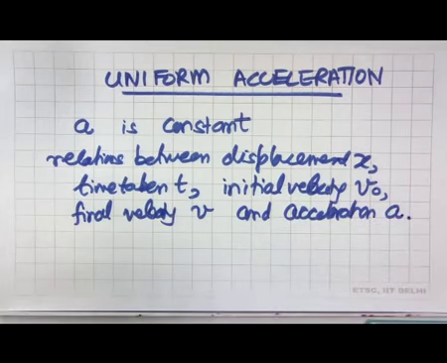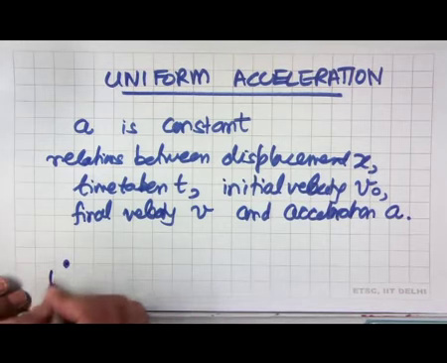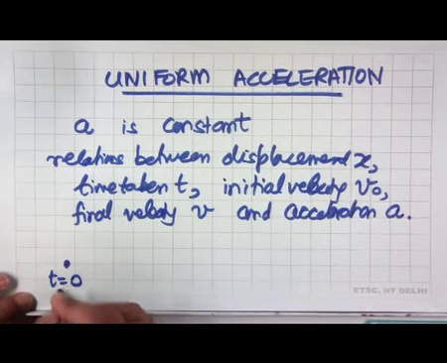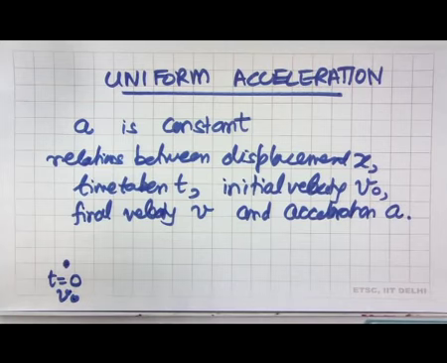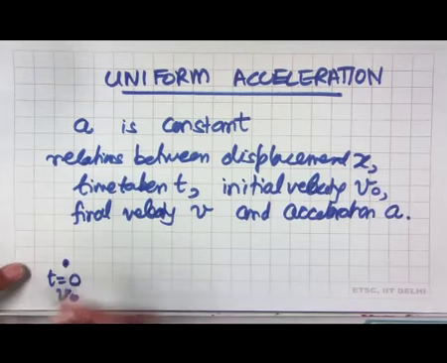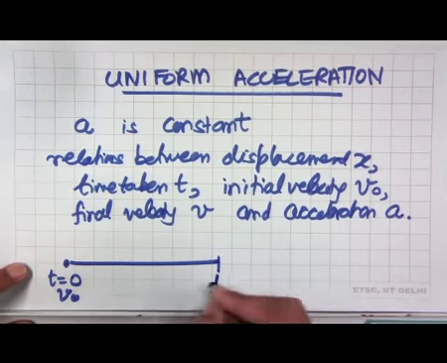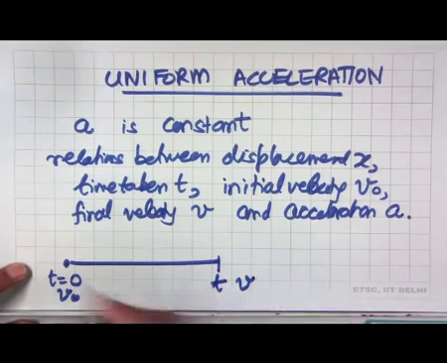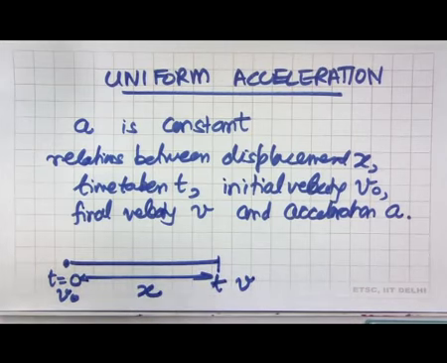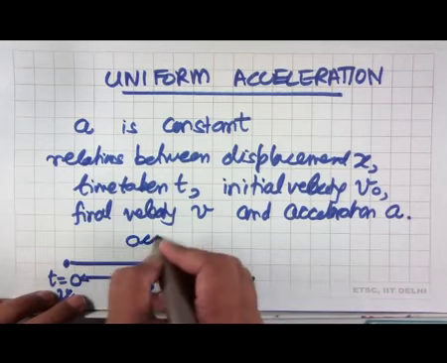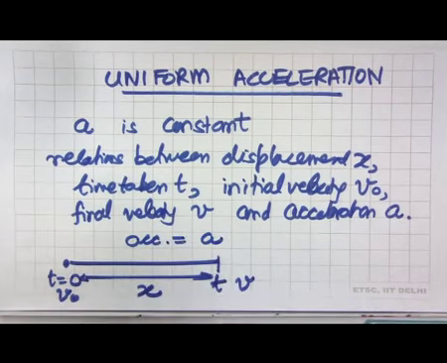That means what we are assuming is there is a particle which at time t equal to 0 has a velocity v0. It is undergoing uniform acceleration, and after a time interval t, its velocity is v, and the displacement it has undergone in this interval is x, and acceleration during this whole interval is equal to a, and it is constant.